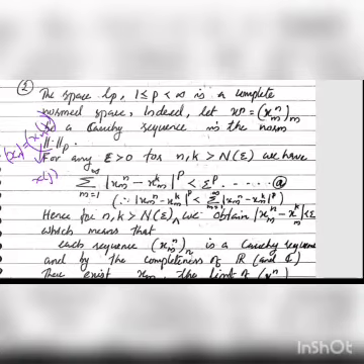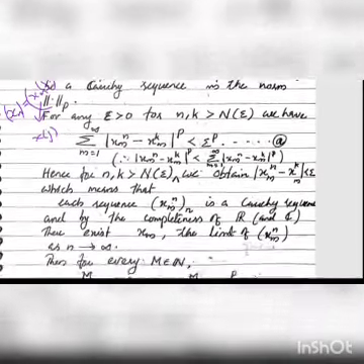So I have written (x_m^n) as a Cauchy sequence, and by the completeness of the real numbers, there exists a limit for this sequence, and that limit I am naming x_m, the limit of x_m^n as n tends to infinity.